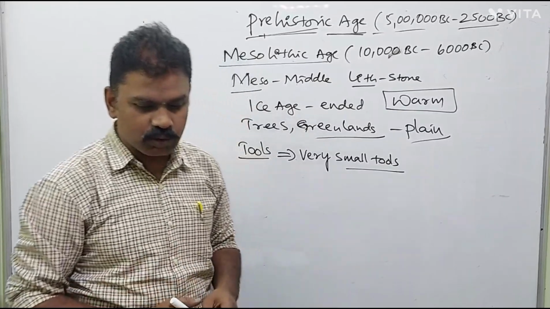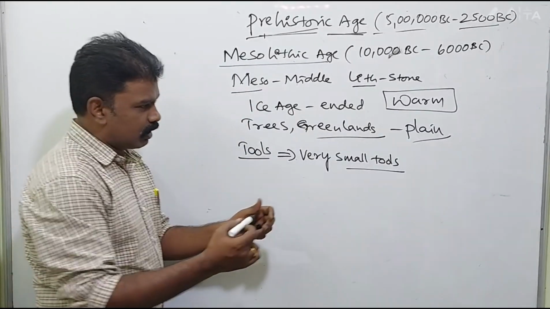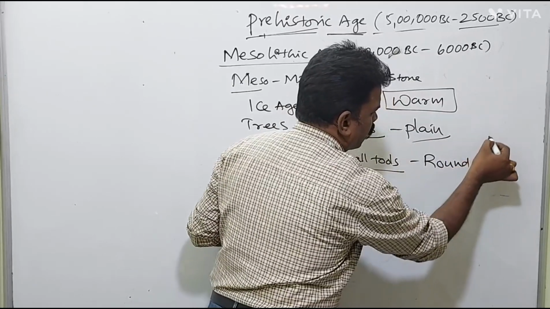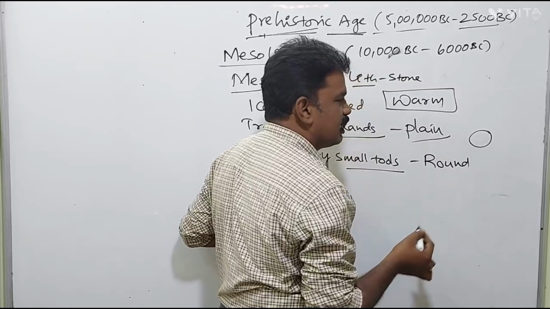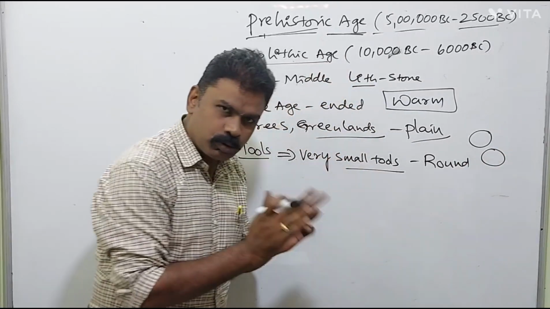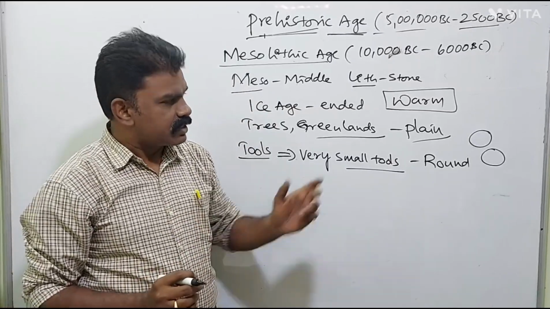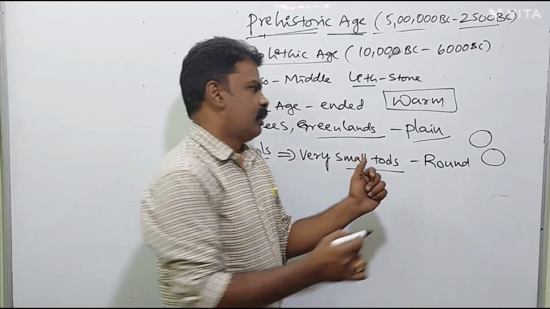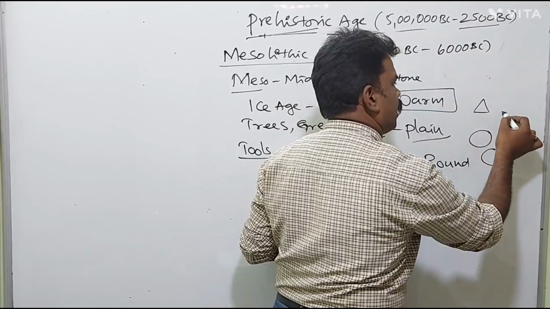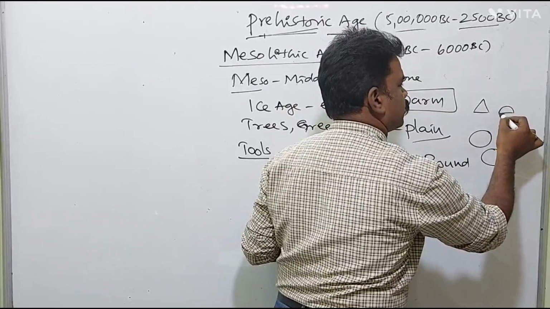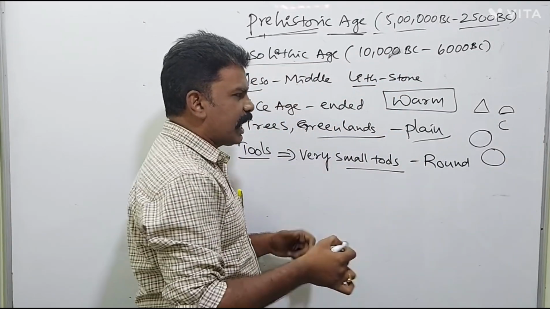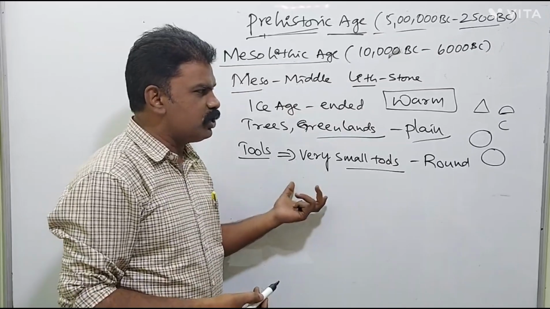These small tools are round shaped. One round shaped stone was struck with another round shaped stone to cut it into small pieces. The pieces were like triangulars or D-shaped, C-shaped, different types of tools they used in this period.